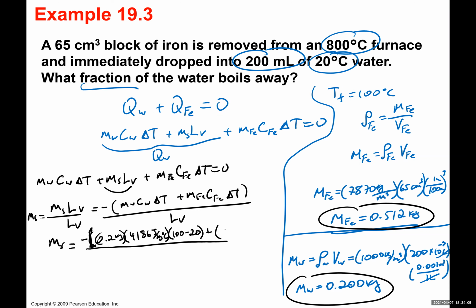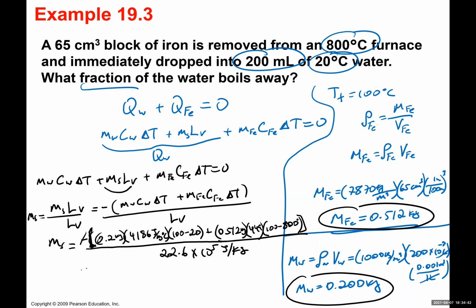So plus 0.512 kilogram, times specific heat of iron, which is 449, times change in temperature. Well, final is 100, initial is 800. Okay. So that's where this negative is going to cancel out. Delta T for the iron is going to be negative and it's going to cancel out. So then divide by LV, and LV here is 22.6 times 10 to the 5 joules per kilogram.